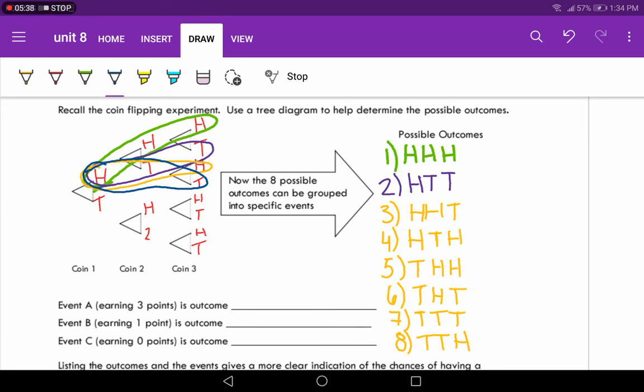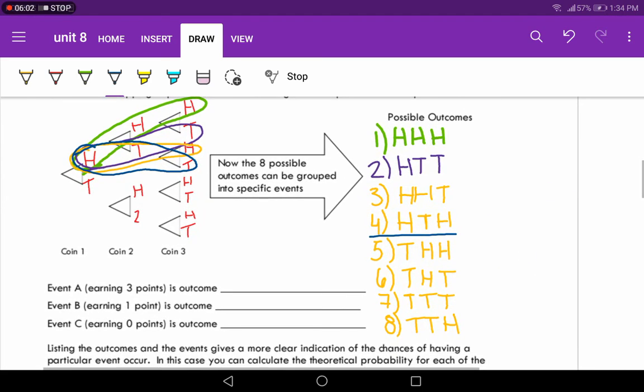Okay, so those are all circled. So I'll just underline that one because that's the color I did it in. So if you were to draw those circles again on the bottom half of our tree diagram, you would see tails, heads, heads, tails, heads, tails, tails, tails, heads, and tails, tails, tails.